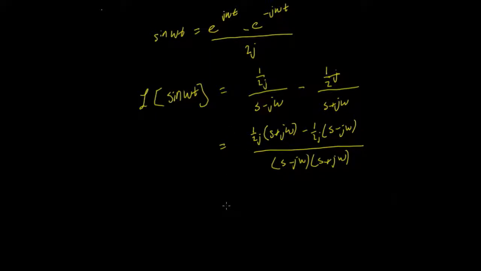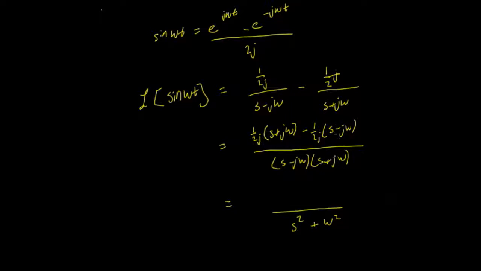So we're going to end up with the denominator being the same, our s squared plus our omega squared. But in the numerator, we're just going to get a half js minus half js, which cancels, and the omega will be minus minus, which is plus j omega.